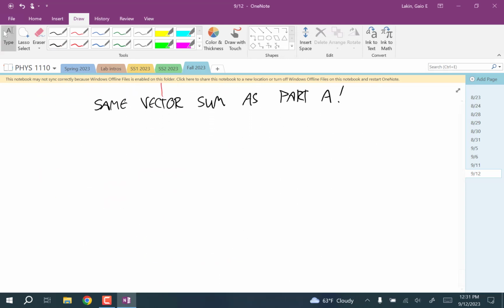Okay, so now the idea is we know what we need to about vectors. Now we're going to use vectors to define our two-dimensional kinematic quantities. So now we can use vectors for 2D kinematics.